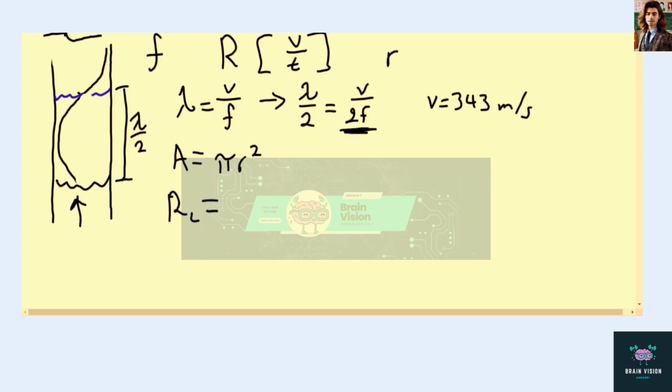This rate of change in the height of the water, I call it capital R_L, to indicate it's a rate of change that's linear rather than volume over time. And I said that this was equal to the rate of change capital R divided by A.